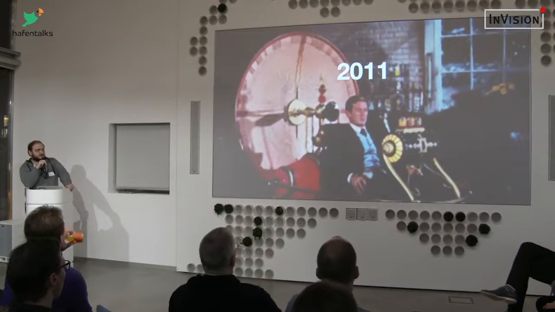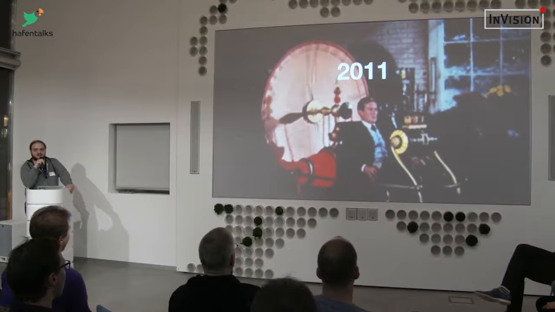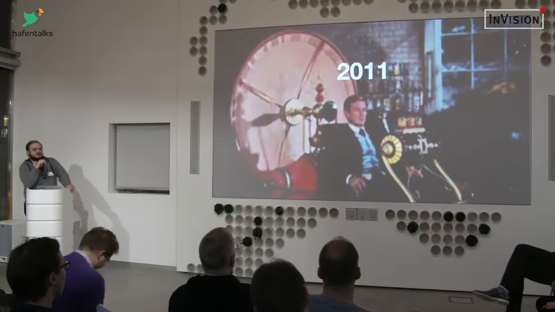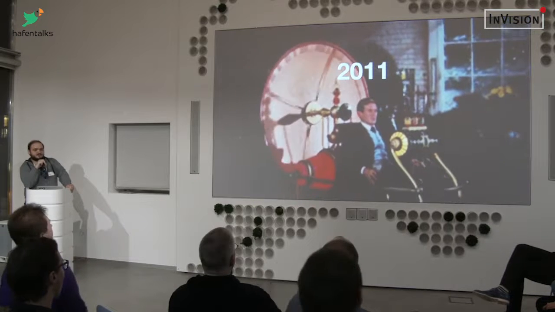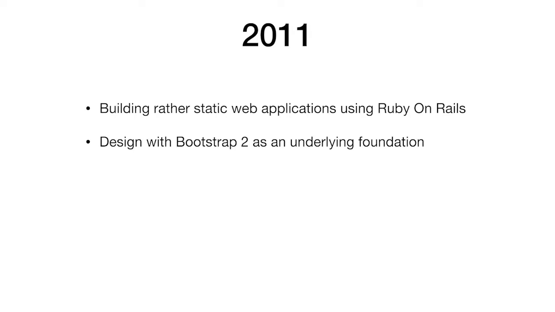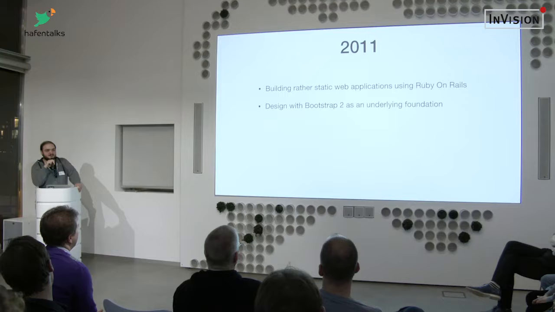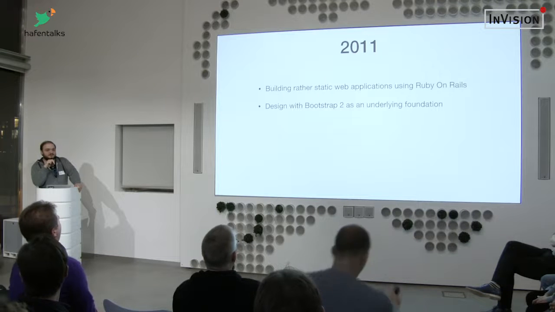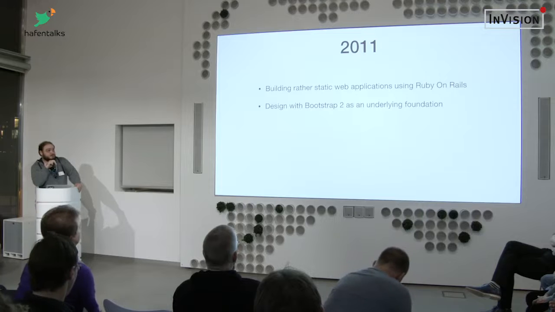Let's do a time travel to 2011. When we first started one of our earlier paradigm shifts, we started doing web development with Ruby on Rails, which just changed the way we develop software. It's more of a monolith approach that we did. It was really cool back in those days and brought some new developments.